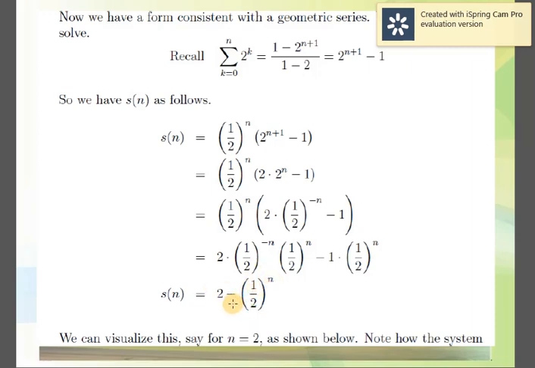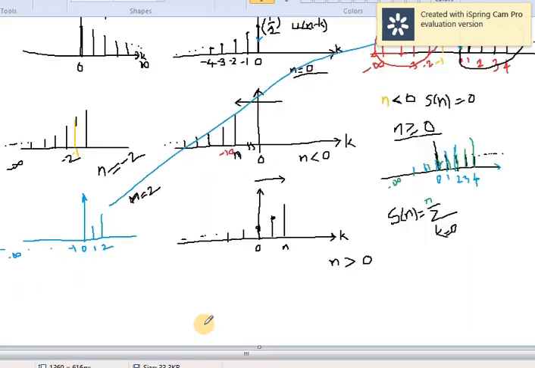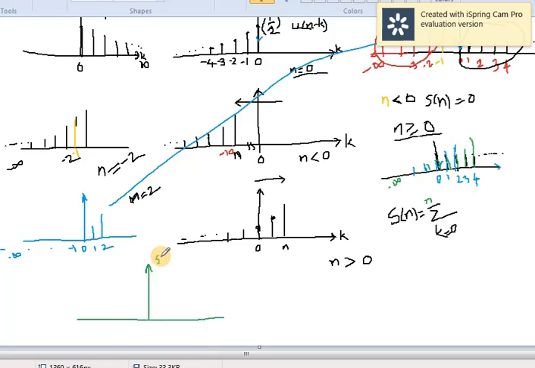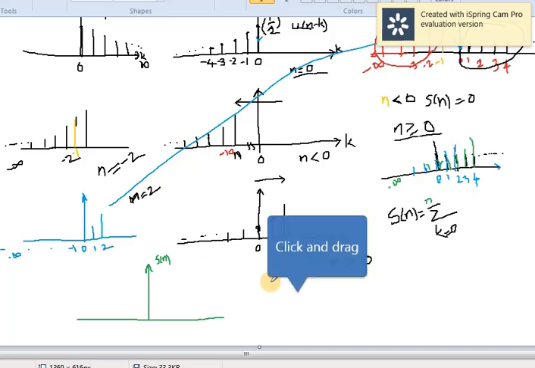It is our resulting simplified convolution answer. Then this has to be represented in this way. So the result, let's draw it. It is S of n, and we can write this answer in this way.